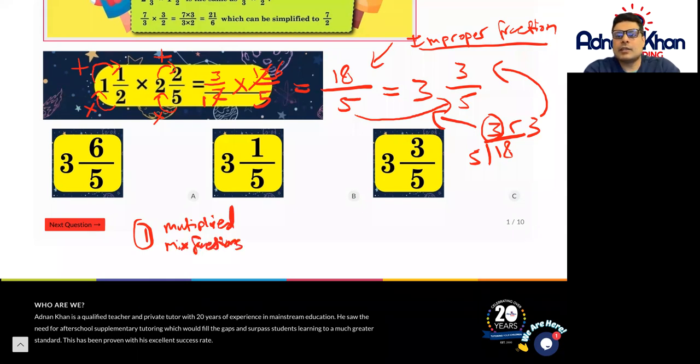Our second stage was we turned it into an improper fraction. And then our third stage is we're turning our final answer into a mixed fraction again.